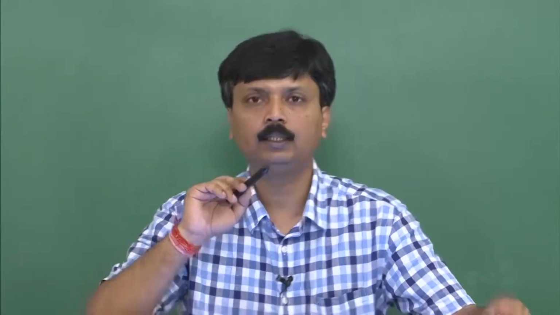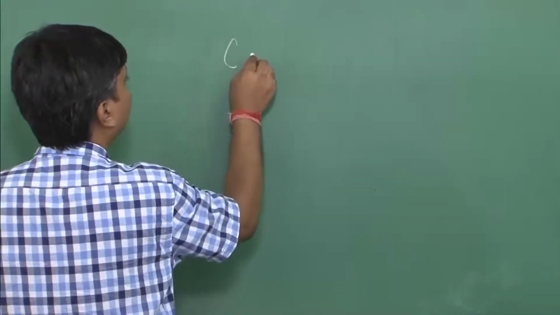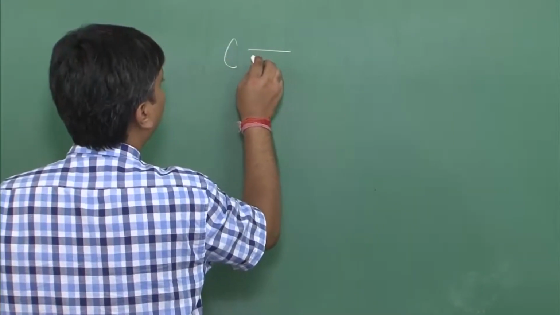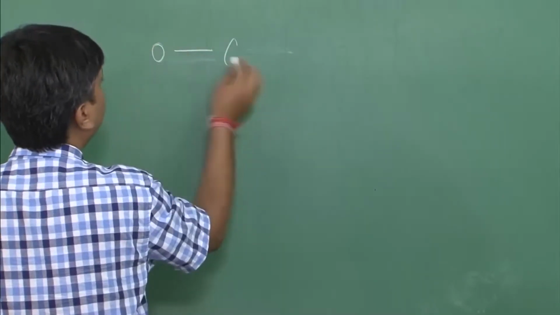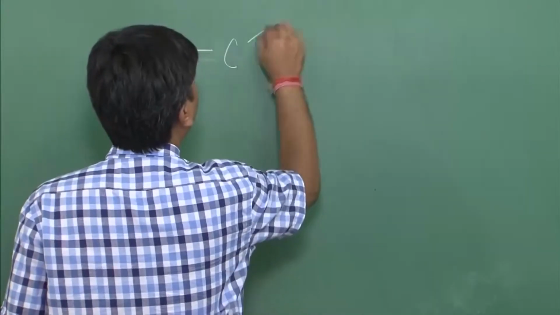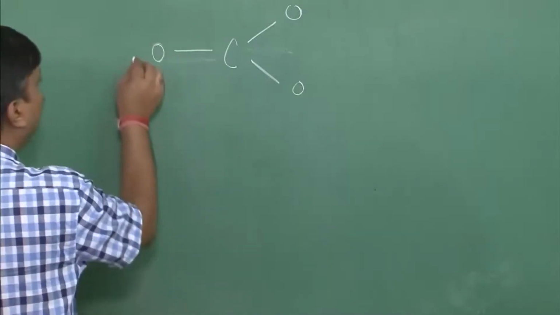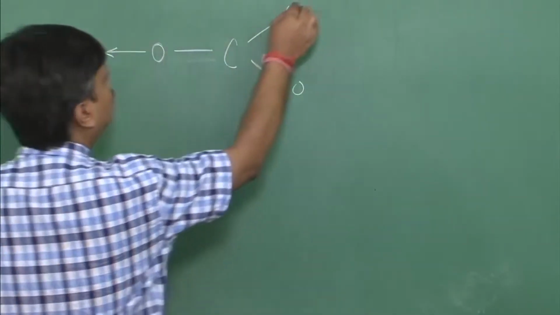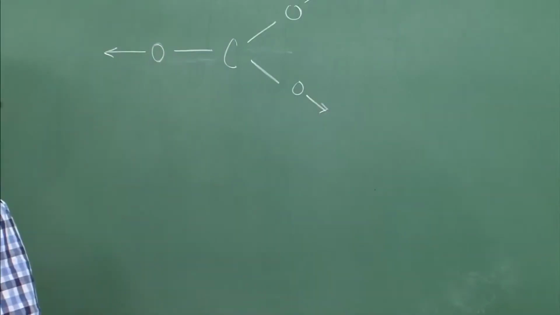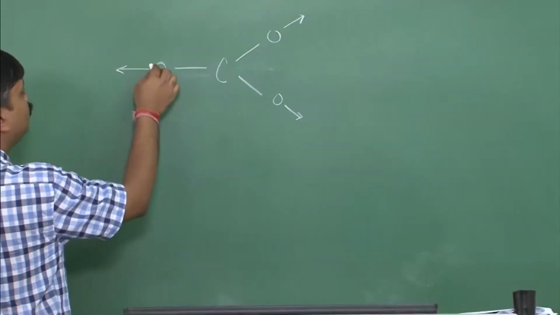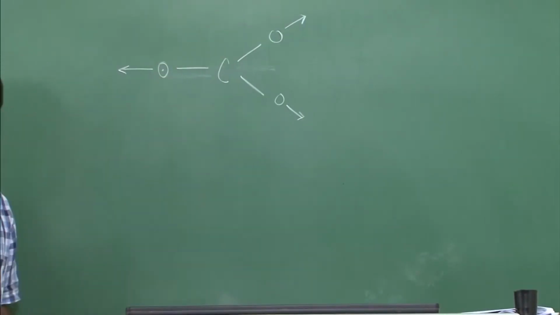So what I mean is the following. In one of the motions that I showed, I can take this x, y, z, and take this atom to be sitting at the origin.